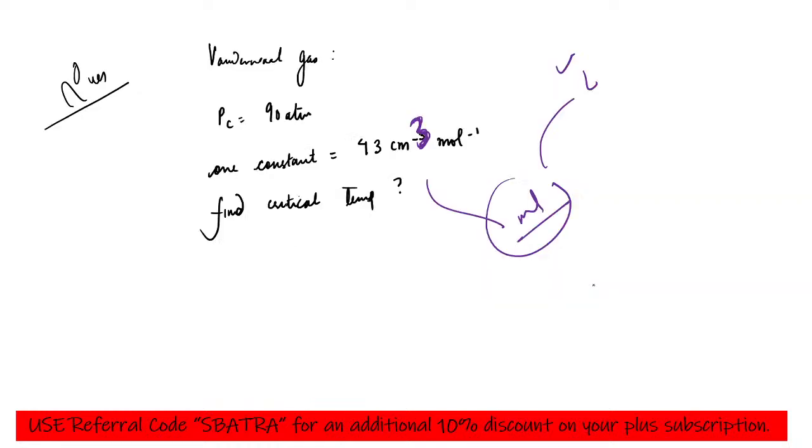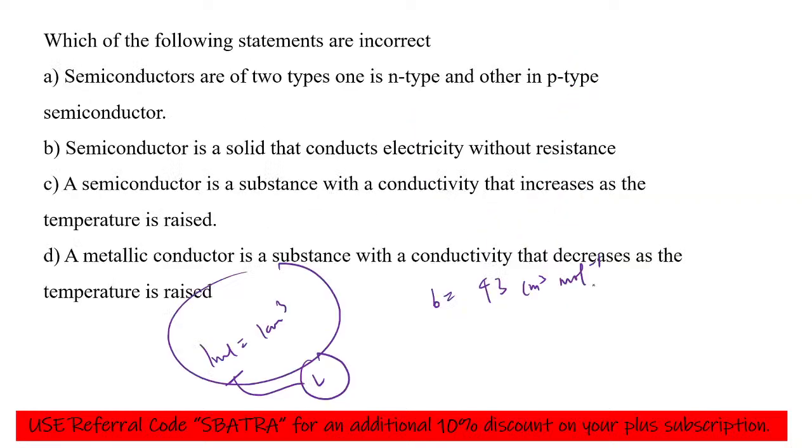This is your value, and we are dividing this by 0.0821 liter atm per Kelvin per mole. So we got liter terms over here, so we know that this is nothing but 43 ml.